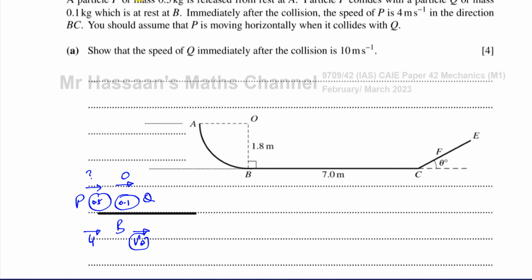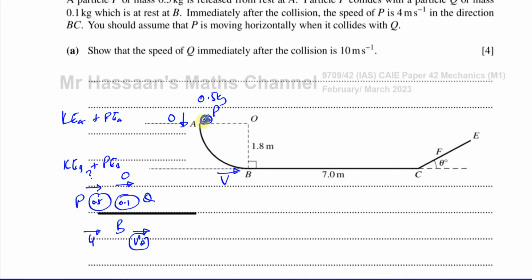We can work out the kinetic energy at A and the potential energy at A. The kinetic energy at A plus the potential energy at A is equal to the kinetic energy at B plus the potential energy at B of the particle P as it moves down. P has a mass of 0.5 kilograms and it starts at A at 0 meters per second, and we want to know what speed it reaches by the time it reaches B. So we can use the conservation of energy.